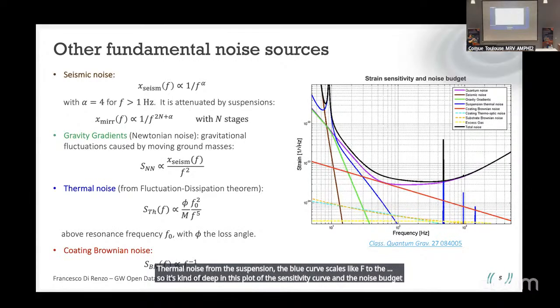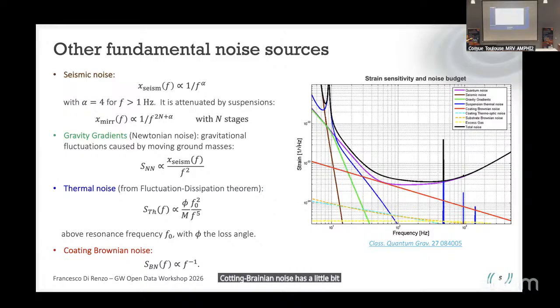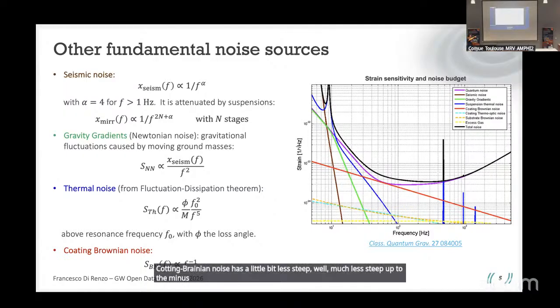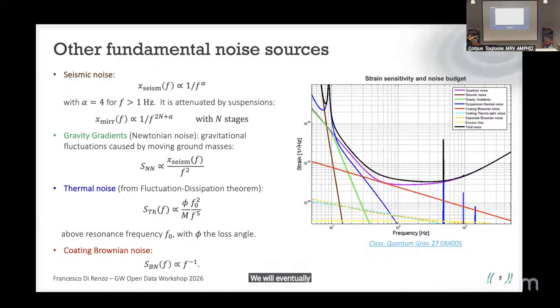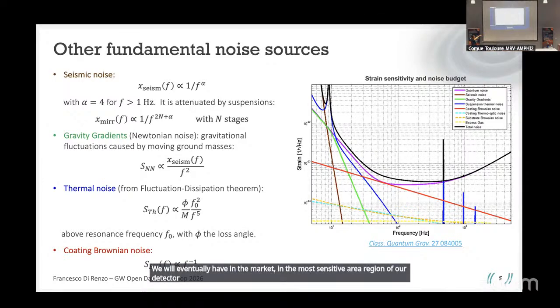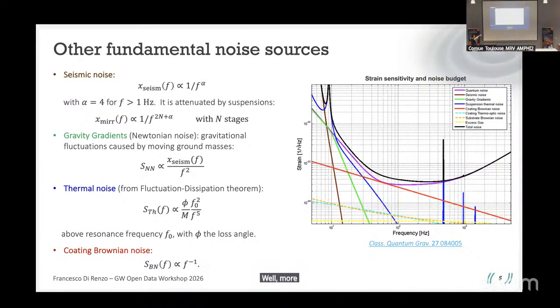Coating Brownian noise is much less steep, f to the -1. And as you can tell from the plot, the red curve is the main limitation that we will eventually have in the bucket, the most sensitive region of our detector. So more or less, we have quantum noise and this coating Brownian noise.